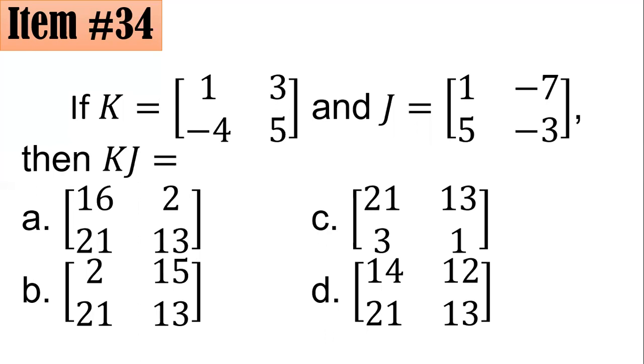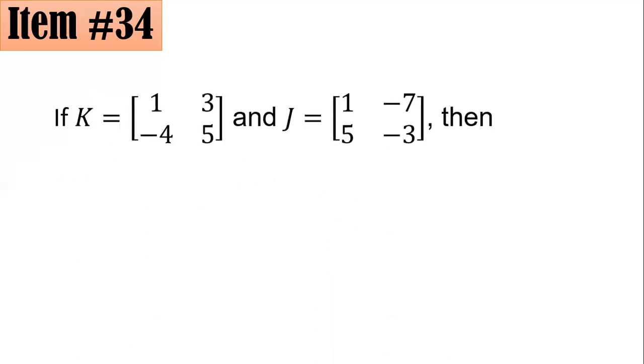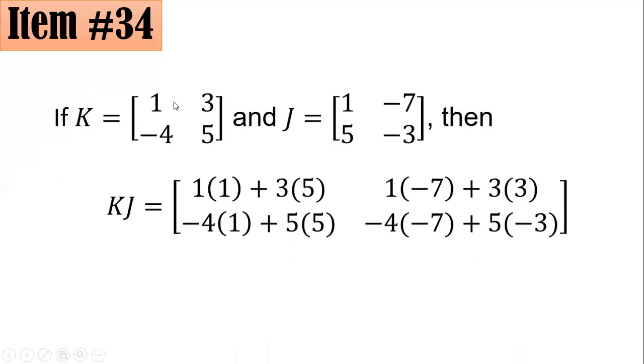Matrices that are not square could not be multiplied. And since multiplication of matrices, as I have mentioned earlier, is not commutative, and we have KJ, K will be listed first, at the left, and J will be at the right.